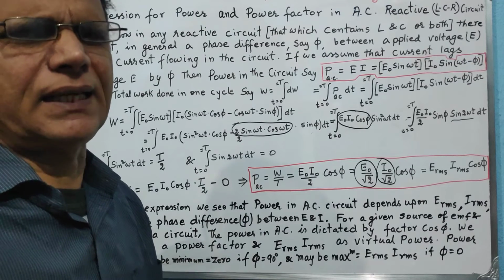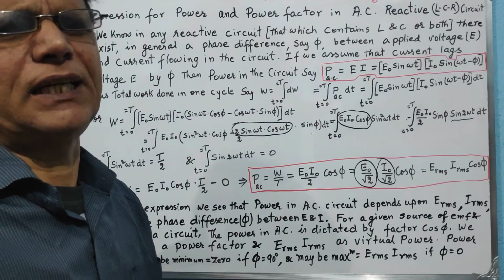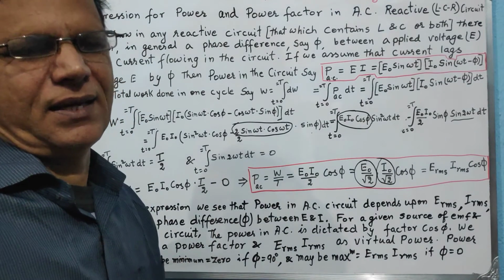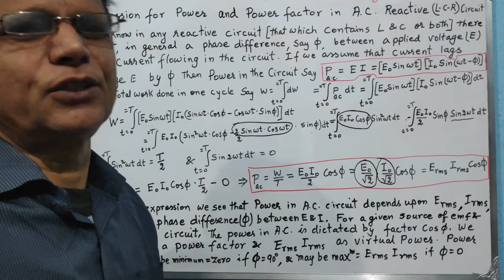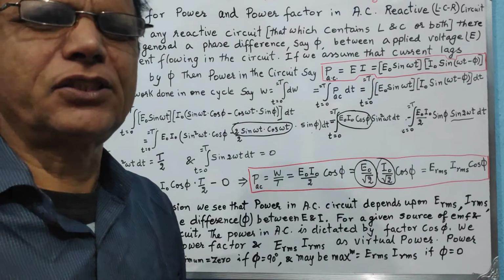But ideally we can take that phi will be 90 degrees in the case of a purely capacitive circuit without any resistance, and in the case of a purely inductive circuit without any resistance. But I told you earlier that resistance could be there inevitably.